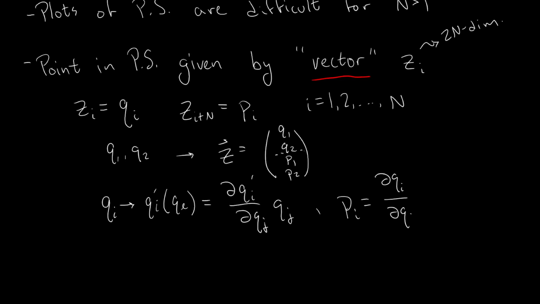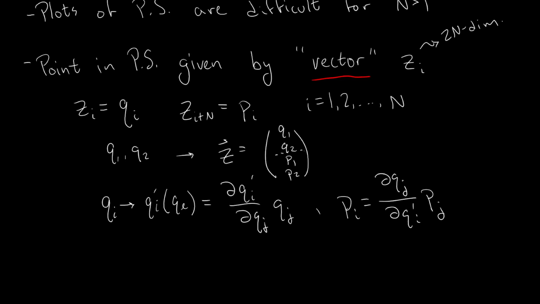I will admit I do always get these backwards, so if I'm messing this up, feel free to let me know. But I think this is dq j over dq prime I, p sub j.